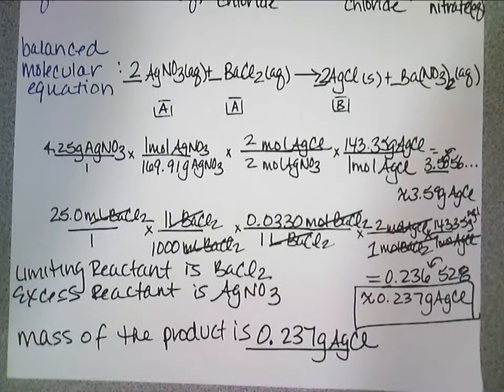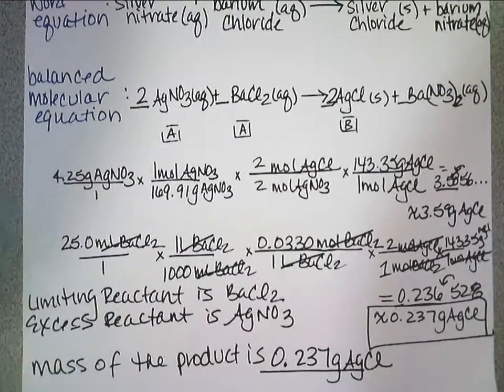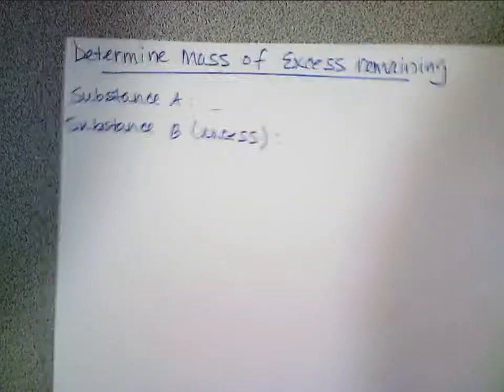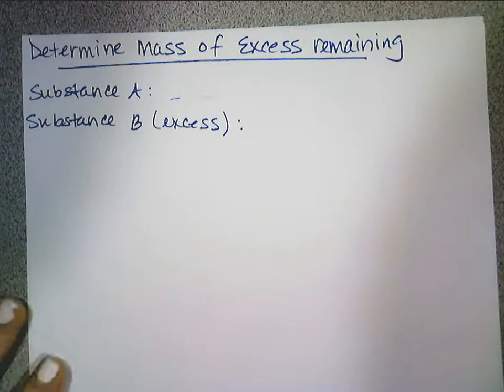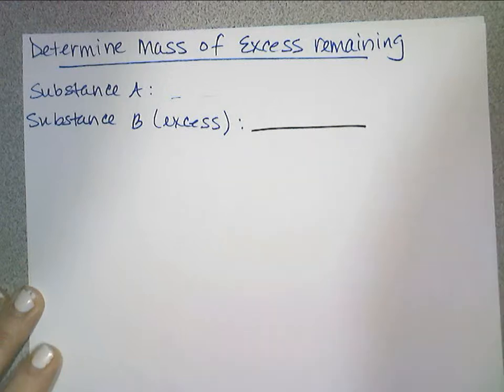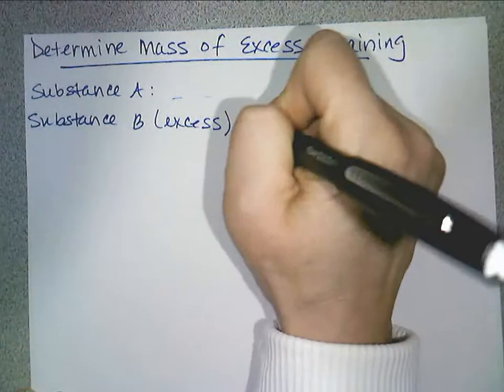So now we're going to determine the mass of the excess, which is AgNO3. So here we're going to determine the mass of the excess remaining. So remember that the excess was identified as AgNO3.